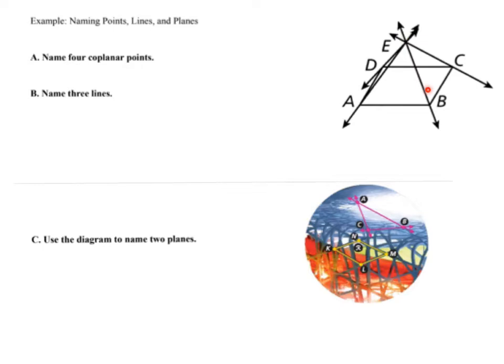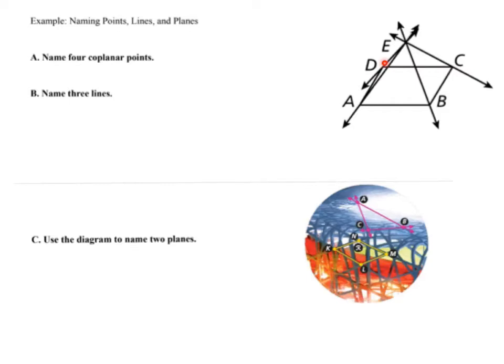So A to E to B is actually a plane itself. And if I look sideways, B to E to C is itself a plane. A to E to D is itself a plane. I know that one's kind of hard to see. And then in the back we have D to E to C, which is another plane.